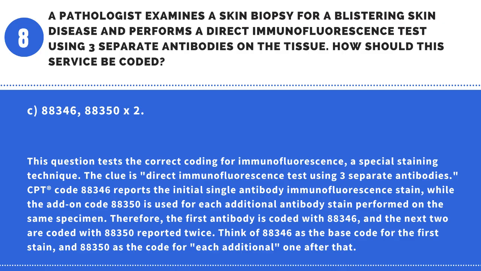Therefore, the first antibody is coded with 88346, and the next 2 are coded with 88350 reported twice. Think of 88346 as the base code for the first stain, and 88350 as the code for each additional one after that.